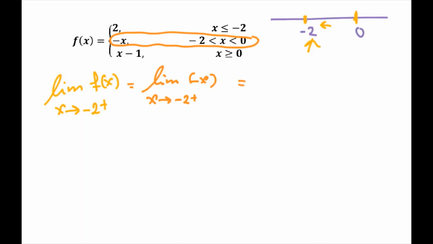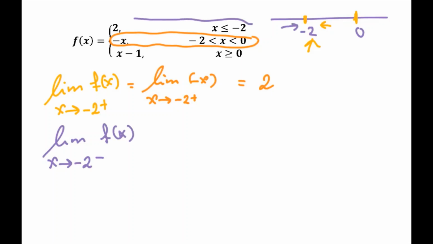Substitute and you are going to get 2. Now we need to study the limit as x approaches -2 from the left side of the function. From the left side, it's anything less than -2, we are using 2. So it's going to be a limit of 2 as x approaches -2 from the left side. This is a constant. It will be equal to 2.